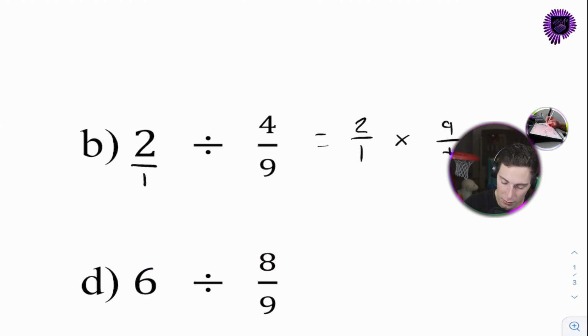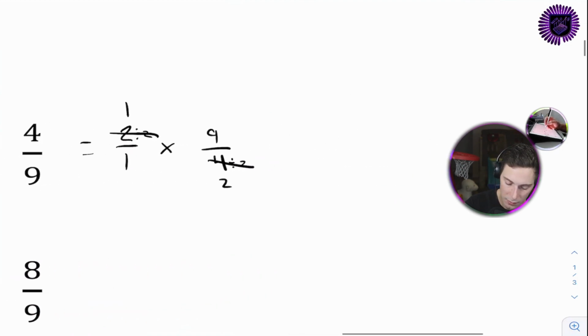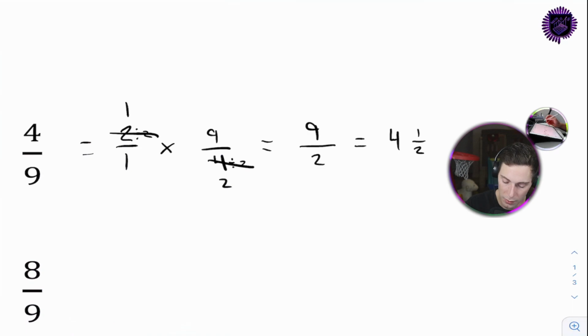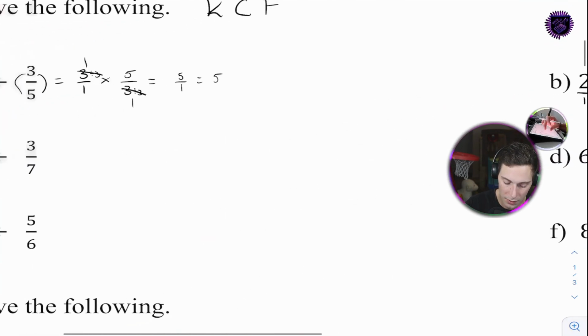This is going to be 2, divide by 2, this is going to be 1. Let's do this. 9 times 1 is 9. 1 times 2 is 2. We can take out some groups in there, which is going to be 4 and 1/2. 4 and 1/2. Final answer. C.